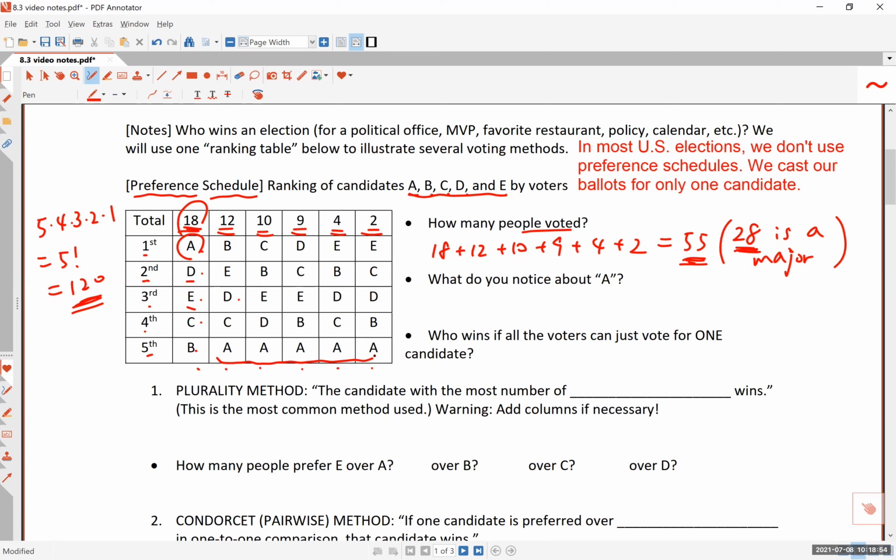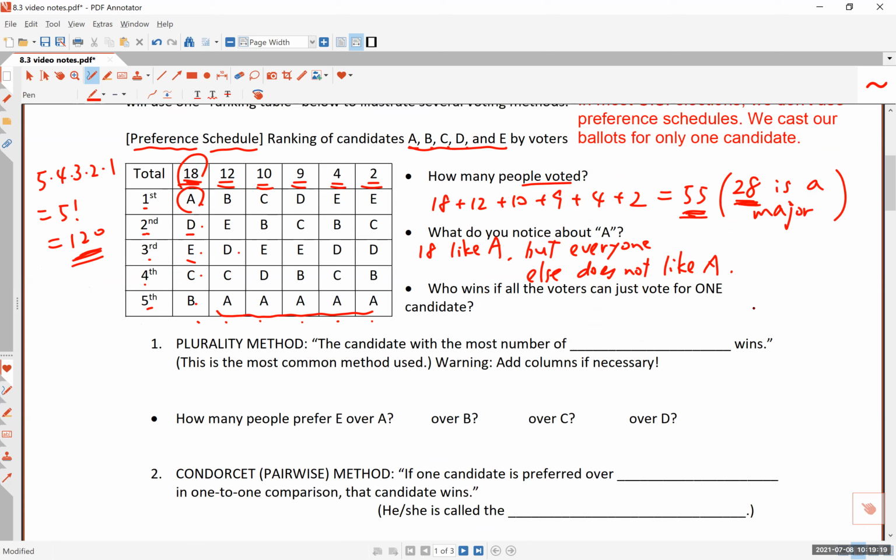You can imagine that 18 people like A, maybe worship A, but everybody else can't stand him, or her, whatever. Everyone else does not like A at all, and they put A in the very bottom.